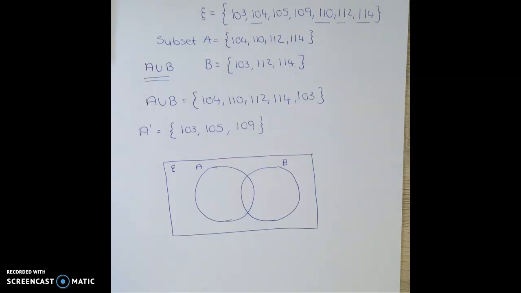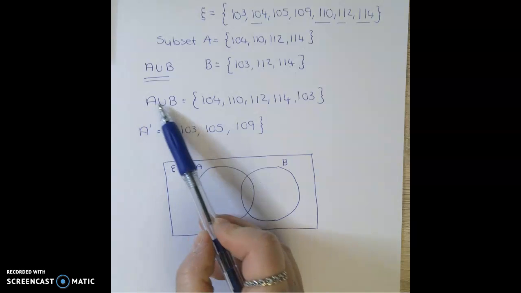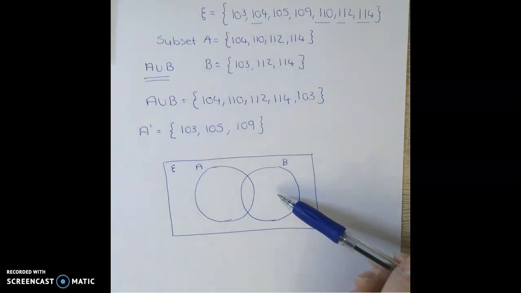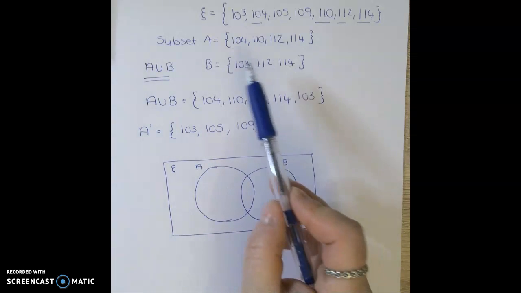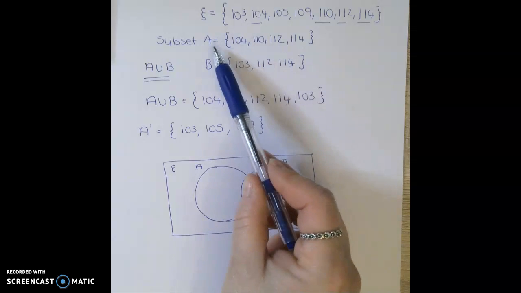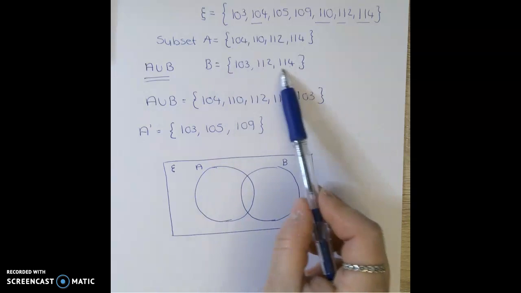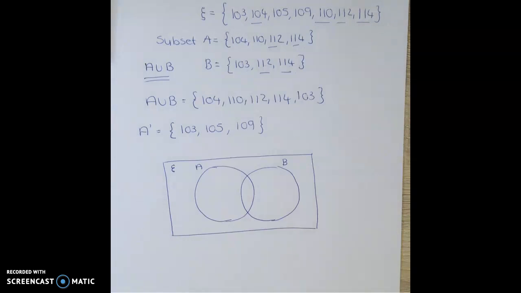So we know from our workings out that A union B, so that's all the ones that are in A and all the ones that are in B, are these numbers, and that in individual sets A and set B are these numbers. And we know that the 112 and the 114 appear in both sets.